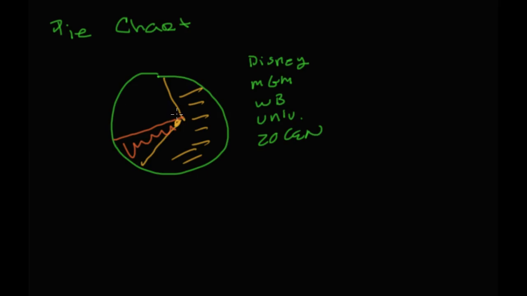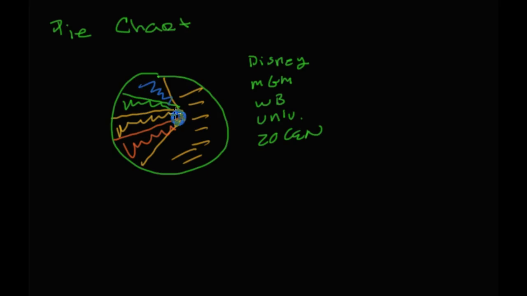And Warner Brothers might have another little piece here. So that might be the Warner Brothers section. And Universal might have their piece of the pie. And finally, 20th Century Fox might have what's left over.